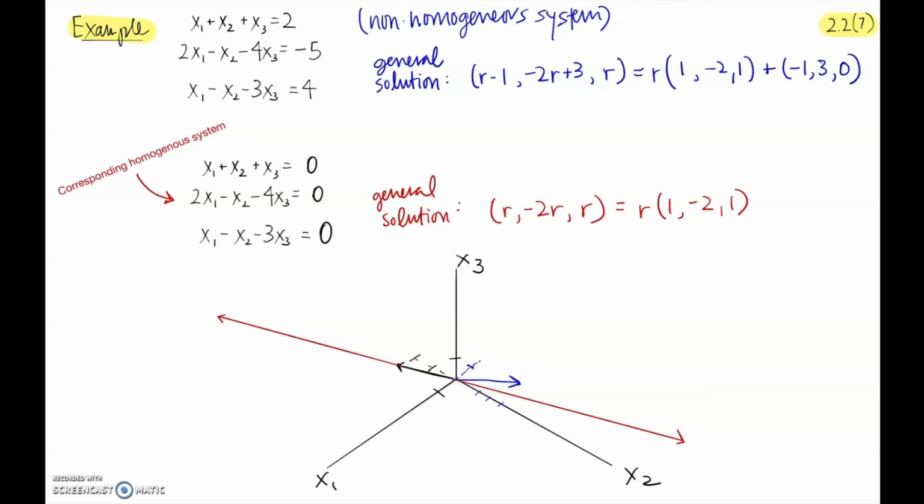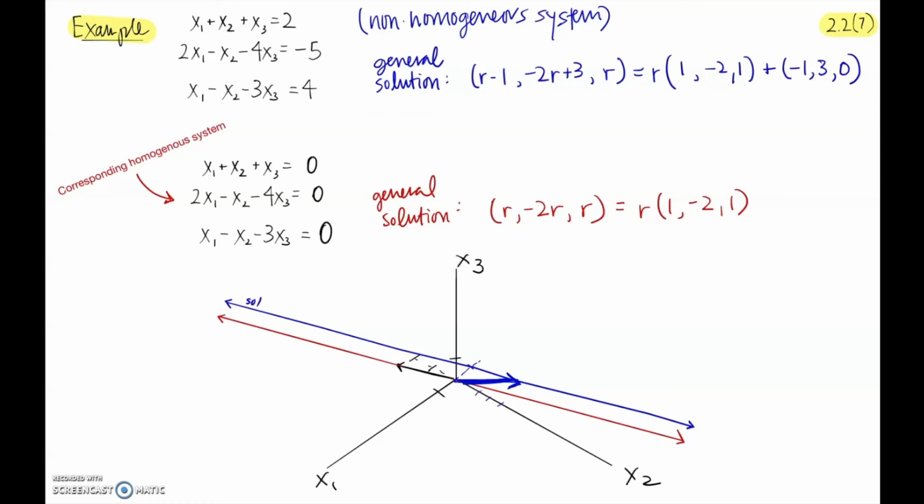So when we're taking this whole set, which is essentially this red line, plus this vector, it's going to shift this line over in that direction. And we get this new set of solutions for the non-homogeneous system. So you can see how the solutions here are related to the solutions here.